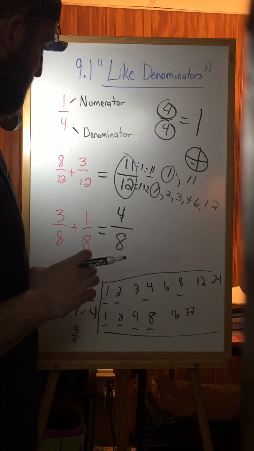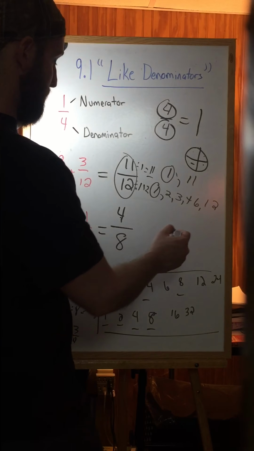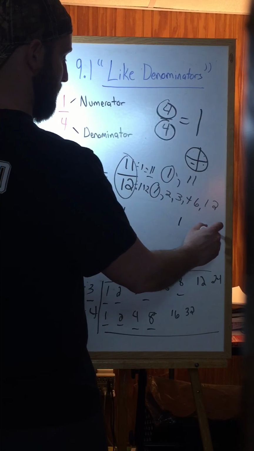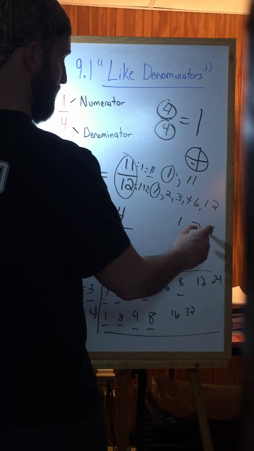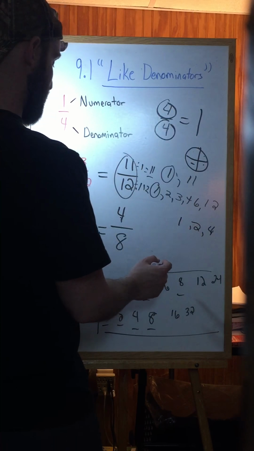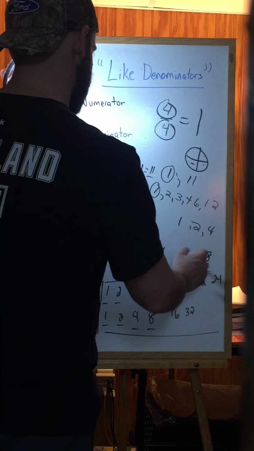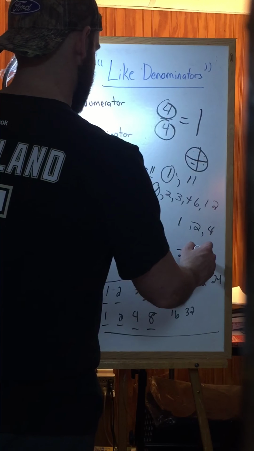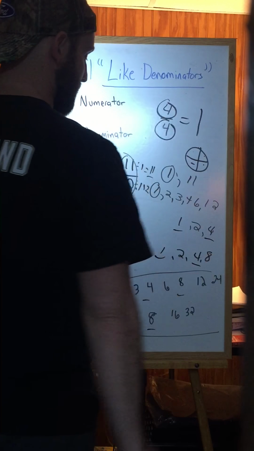Now this bottom number is different. Let's do every multiple for 4. It's 1 and 4, and then 2 times 2. So it's 1, 2, and 4. For 8, it is 1 and 8, and 2 and 4. So we underline every number that they have in common.